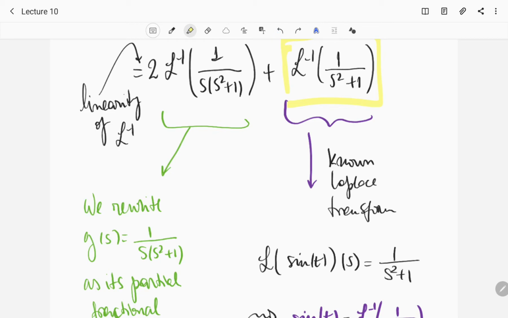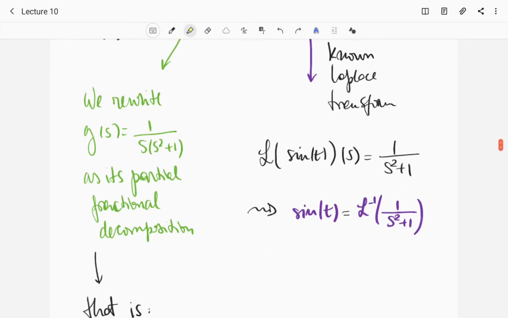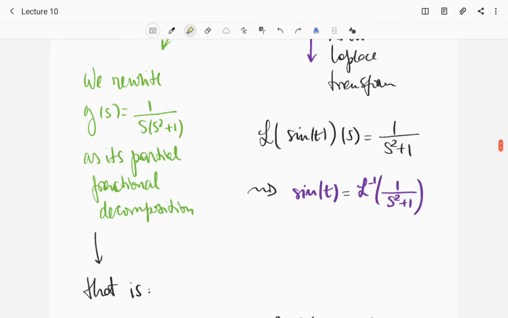For this one, as you can see, we have a rational function with a polynomial of degree 0 in the numerator and a polynomial of degree 3 in the denominator, so we can use its partial fraction decomposition to make finding the inverse Laplace transform of this piece easier. Okay, and that's what we are going to do.